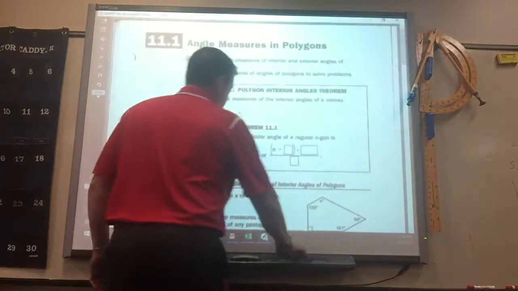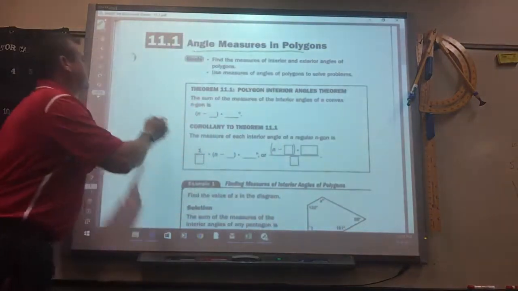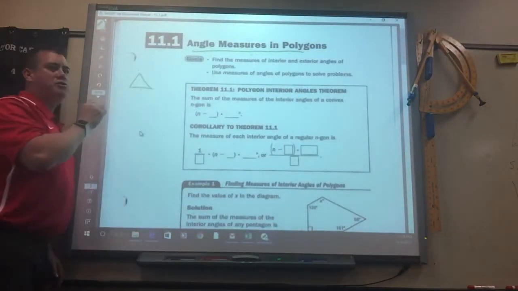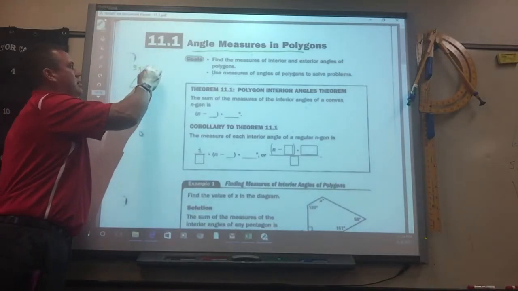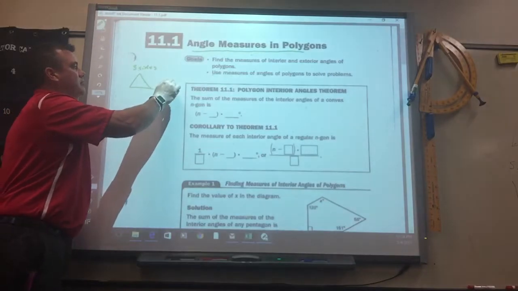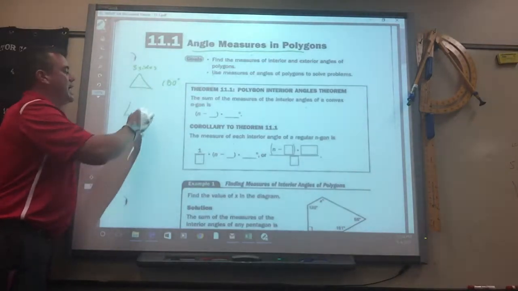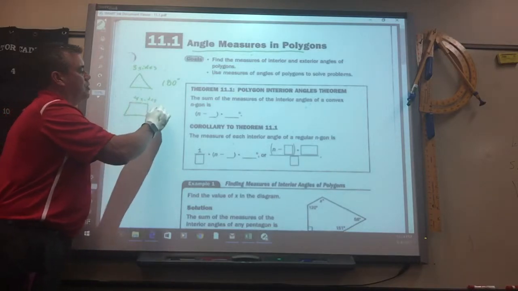Alright, it's angle measures and polygons. Remember, in a triangle with three sides, the angles add up to 180. On a quadrilateral, no matter what shape it is, 360.